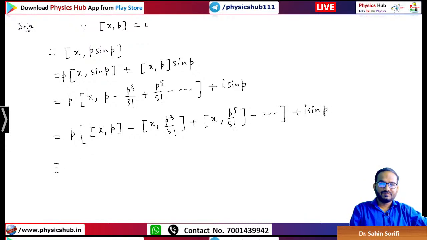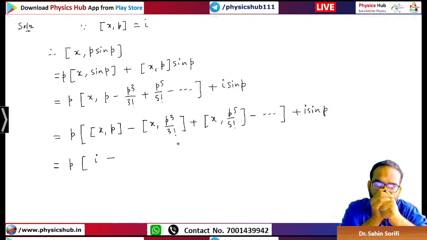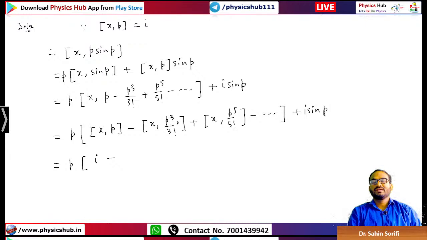So this is equal to how much? p, the commutation of x, p is iħ, minus one by 3 factorial will come. So 3 iħ p squared by 3 factorial, so the 3 gets cancelled.